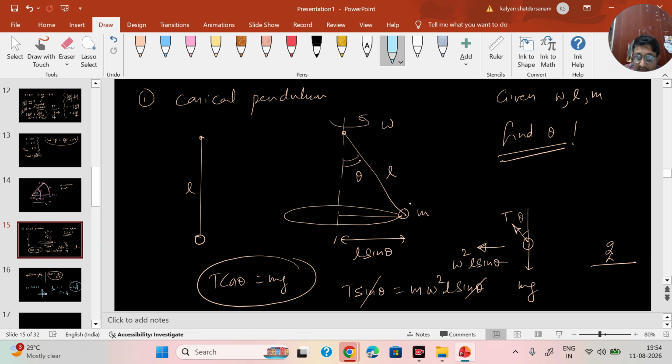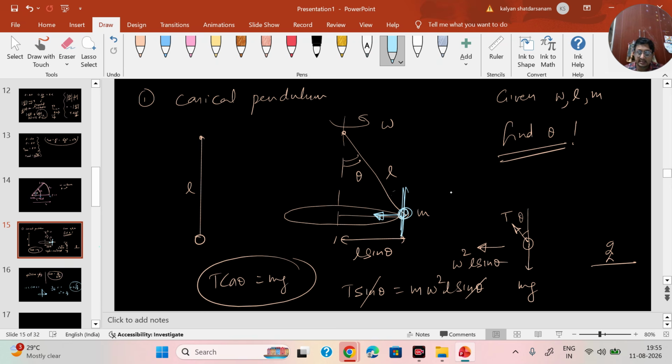See, it should be in equilibrium vertically. That means the tension should have a certain particular value. The vertical component of tension should have a certain particular value, and simultaneously the horizontal component should be able to provide the centripetal force omega square L sine theta.